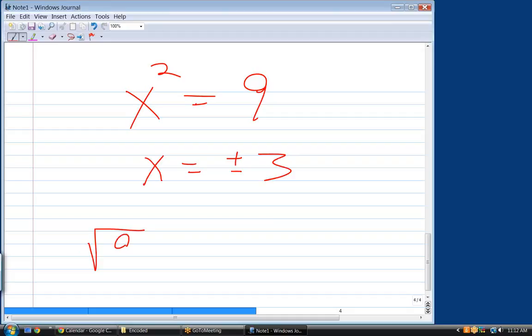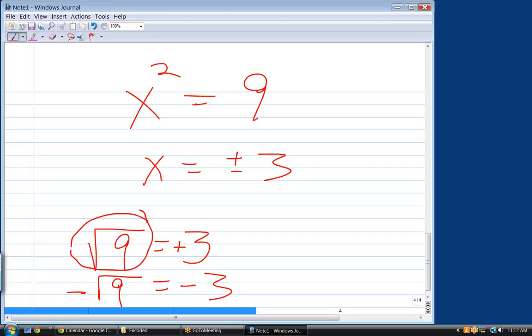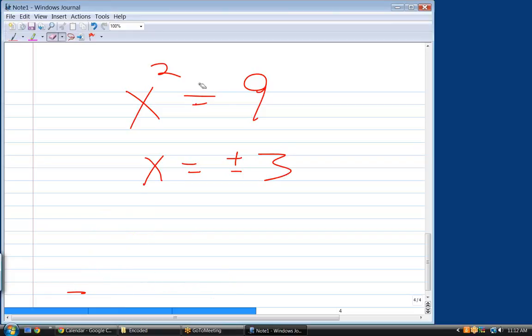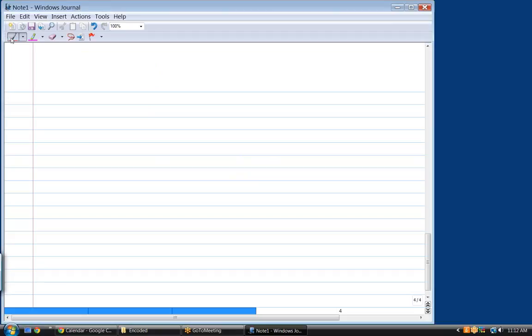The reason we write that as plus 3 is the same reason that if you write any number without a sign in front of it, it's presumed to be plus. If I want the minus answer, I would write it like this. Minus the square root of 9 would be minus 3. Okay, so in terms of terminology, when you see that, it always means plus. But when you have to take the square root to solve an equation, you have to include both plus and minus. Okay, so what we're going to do next is let you simplify some of these.